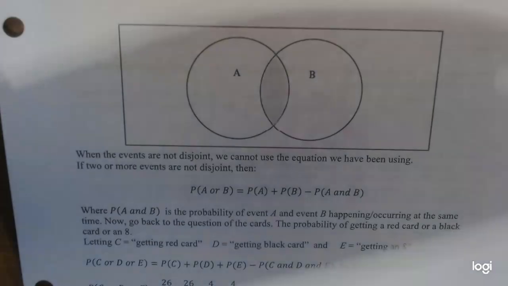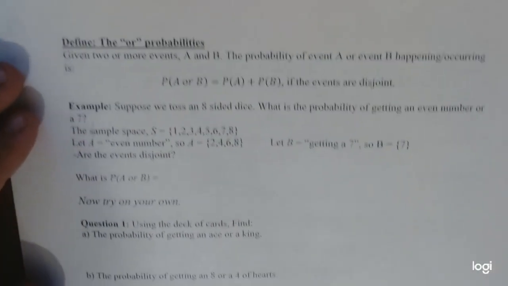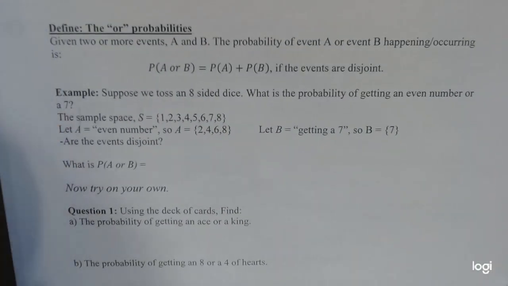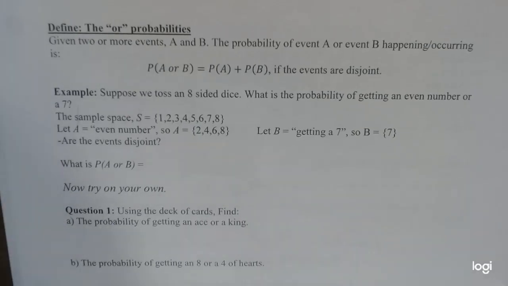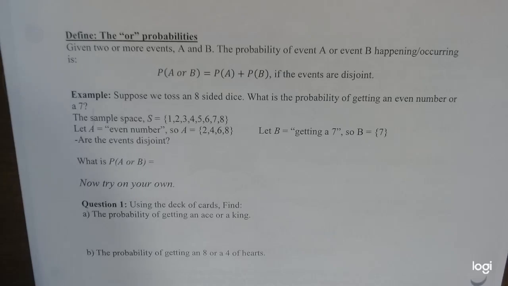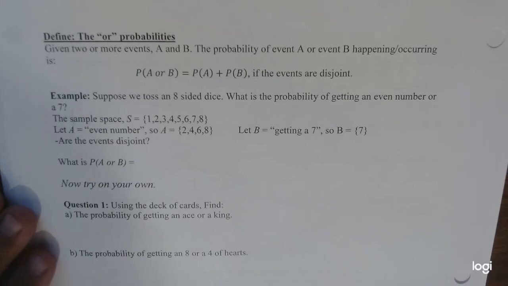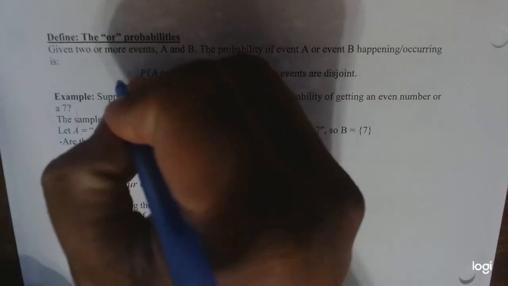When it comes to the OR probability, it has its own exact equation. Given two or more events A and B, the probability of event A or event B occurring is equal to this equation.